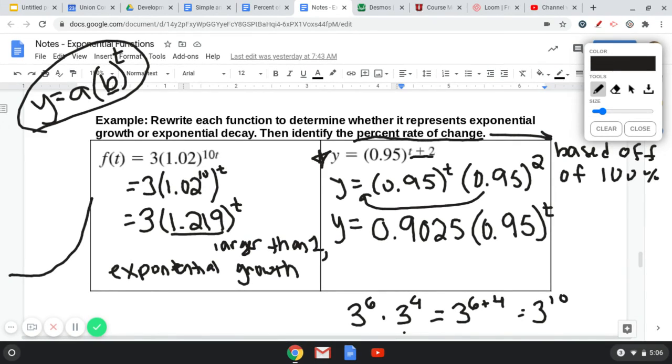And now this is in our form that we like. Y equals some number a times b to the t. And since this is less than 1, or between 0 and 1, so we have exponential decay.